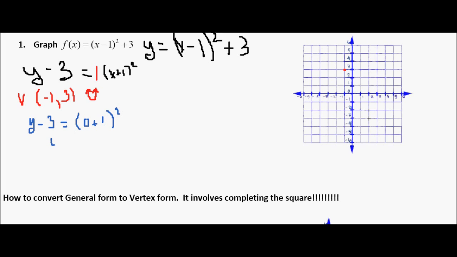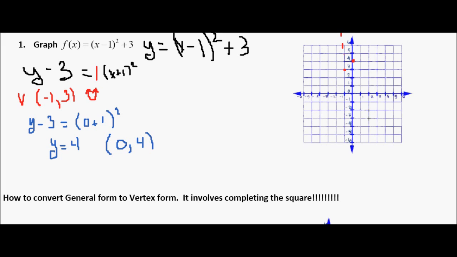So when you go ahead and solve that, you get y equals 4. So the y-intercept is the point where x was 0, y is 4. So I can go ahead now and plot that point, 0, 4, and I also forgot my axis of symmetry.